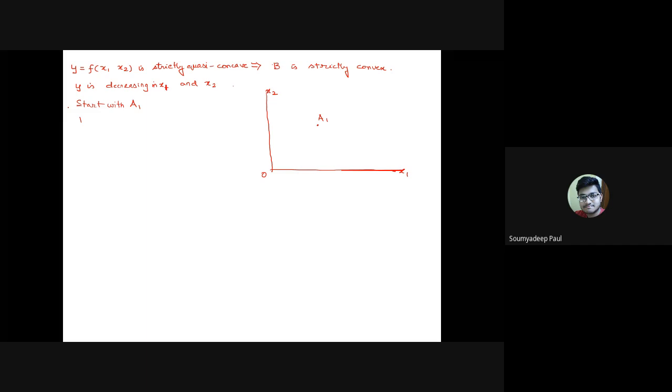It means the point will be somewhere below A1, below and to the left, towards the origin. So we can call that point A2. Where will A2 be? How will I move? From A1, I move to the bottom left, towards the origin.